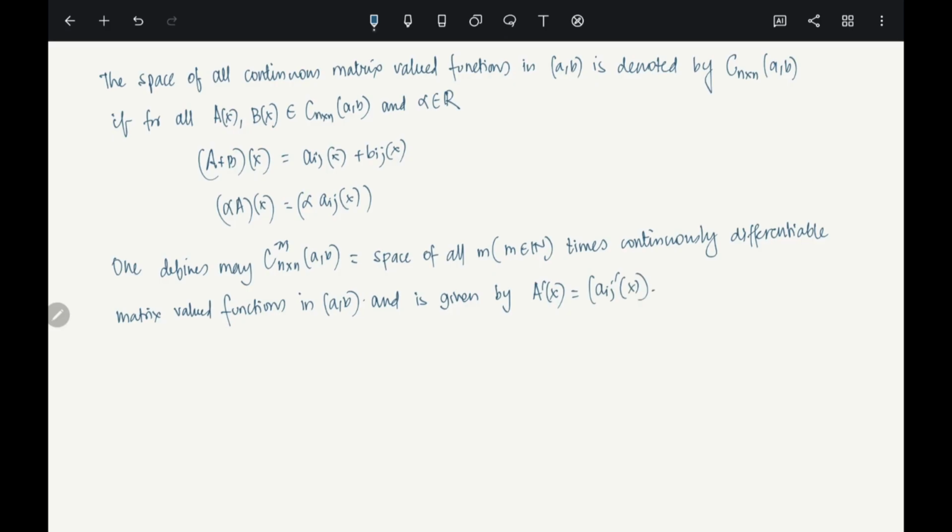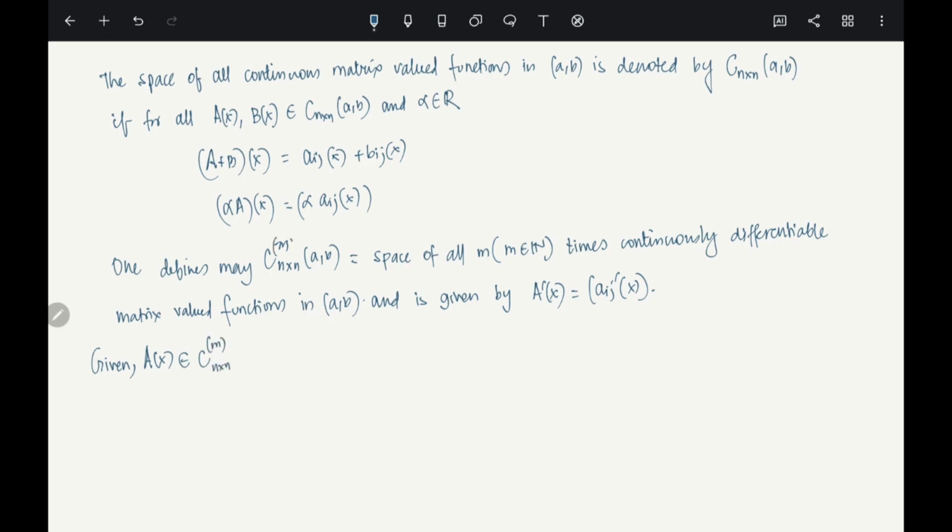Now you see, first of all, let's say I want to talk about the determinant of A(x). Given a matrix A(x), this is very important, we are going to use this thing, in C^m of n cross n.